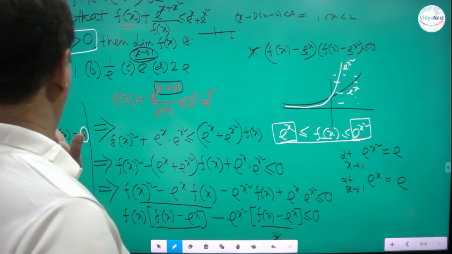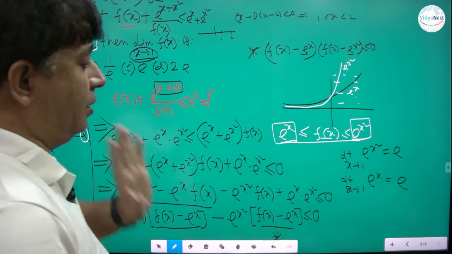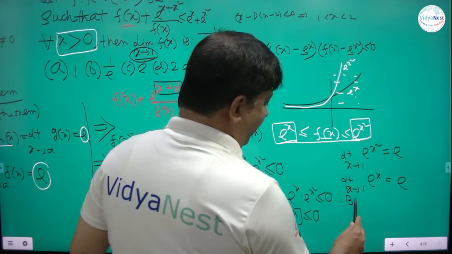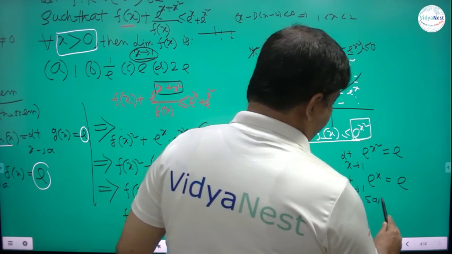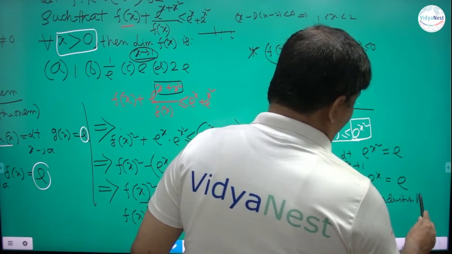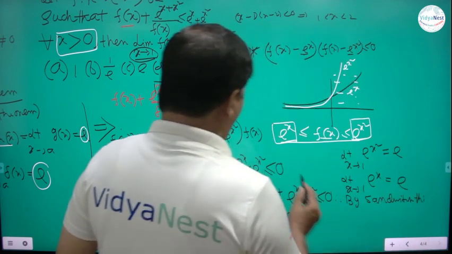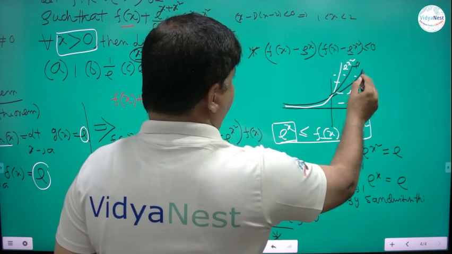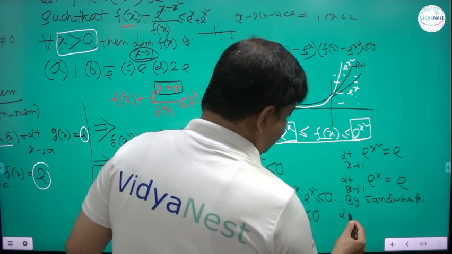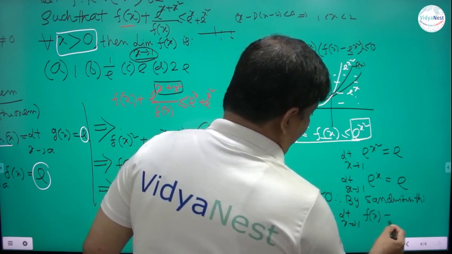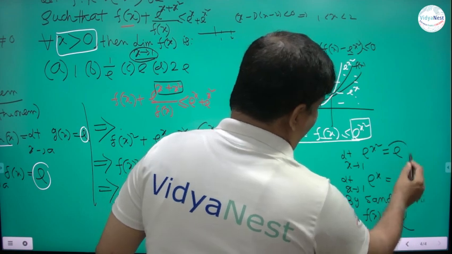So by the squeeze play theorem, or sandwich theorem, we can say the middle part, f(x), as x tends to 1, has also the same limit.